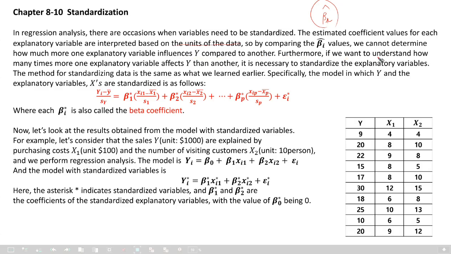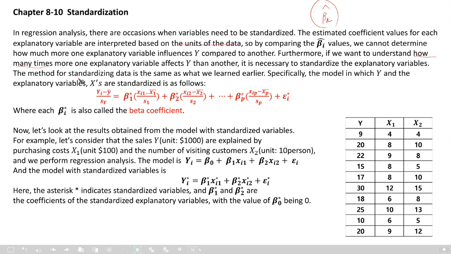Furthermore, if we want to understand how many times more one explanatory variable affects y than another, it is necessary to standardize the explanatory variables.